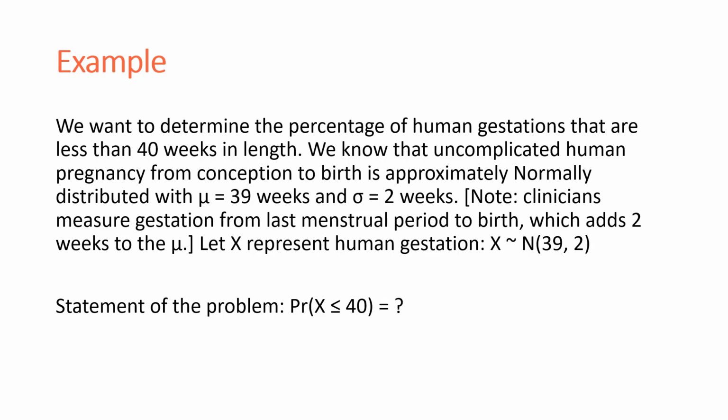A note for you, clinicians measure gestation from the last menstrual period to birth, which adds 2 weeks to the mu. Let X represent human gestation such that X is normally distributed with 39 and 2. The statement of the problem is, what is the probability that X is less than or equal to 40?